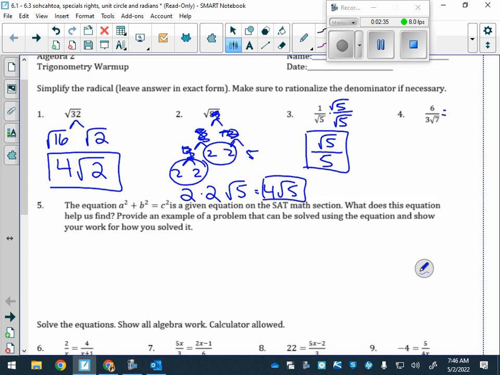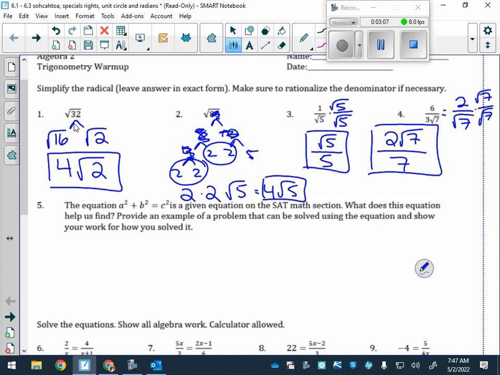So we have 2 over root 7, and doesn't it look familiar like the last one we just did? If you kept it as is, you would just multiply top and bottom by root 7, then reduce. So from here, multiply top and bottom by the square root of 7, so we're left with 2 root 7 over 7 as our final answer.